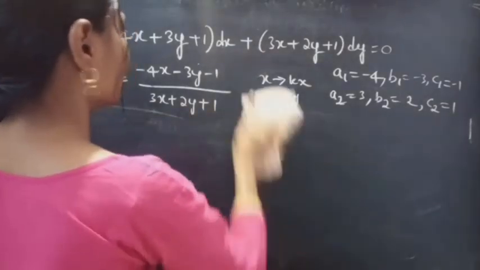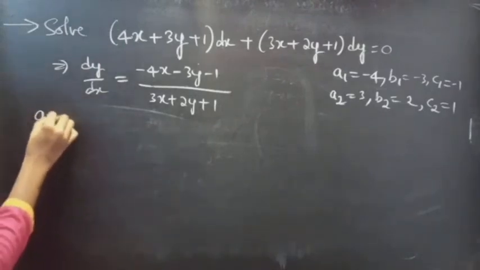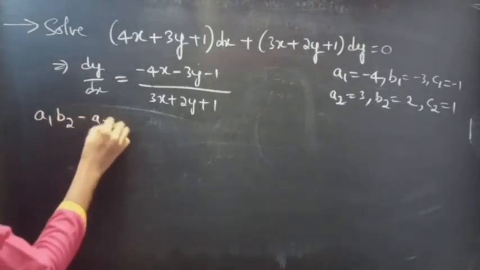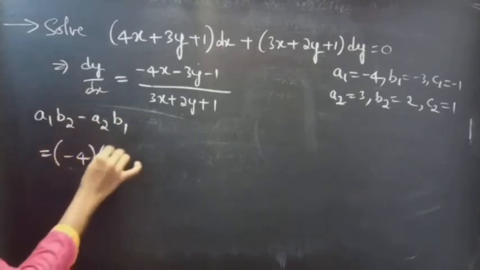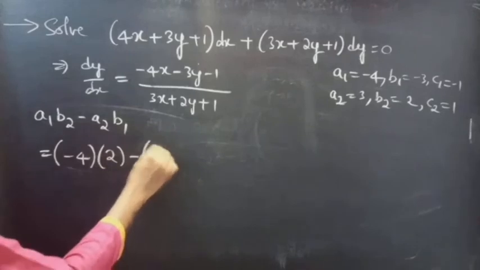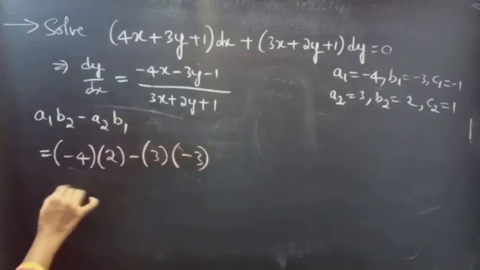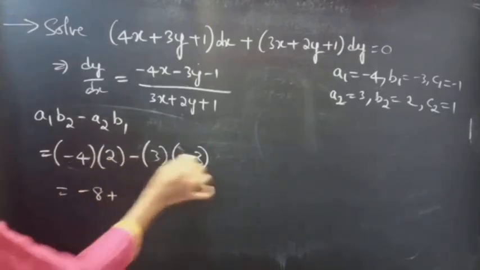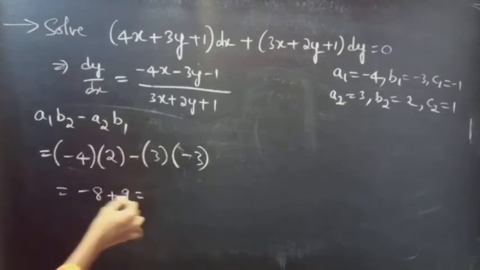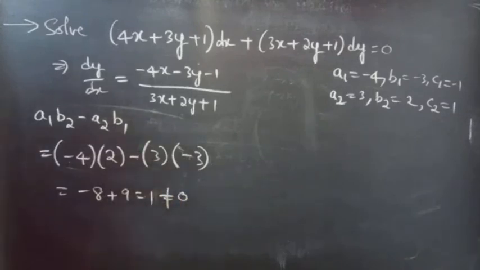Now let's find a1 b2 minus a2 b1, which equals a1 is minus 4 into b2 is 2, minus a2 is 3 into b1 is minus 3, which equals minus 4 twos are 8, minus into minus plus 3 threes are 9, which equals 9 minus 8 equals 1, which is not equal to 0, right?